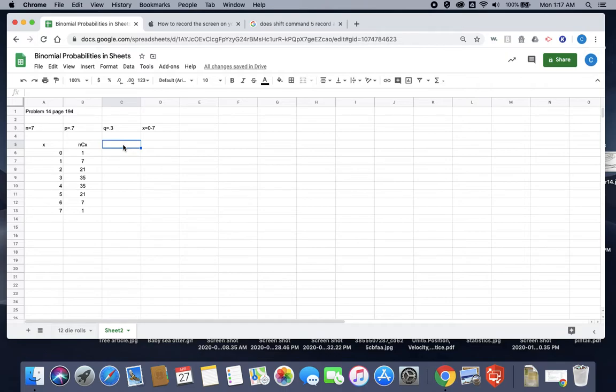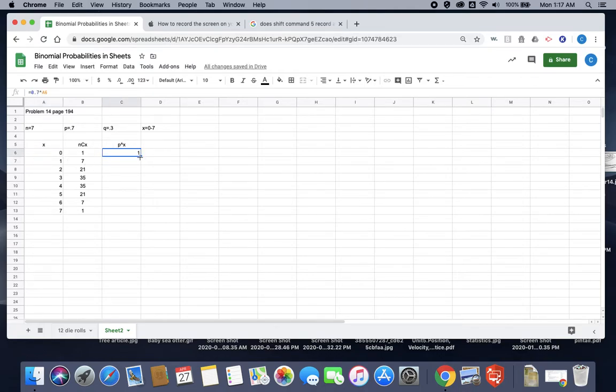The second part of our binomial probability equation is to do P raised to the X value. In this problem, our P was 0.7. So here we're going to put in equals 0.7 raised to the, again, X is this cell right here, and we're going to hit enter.